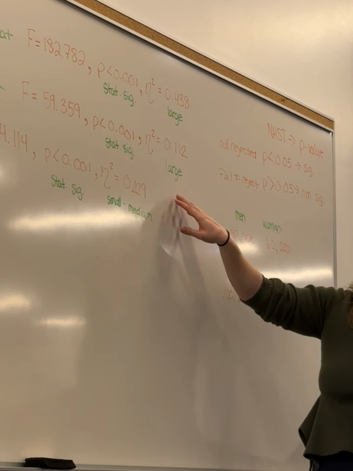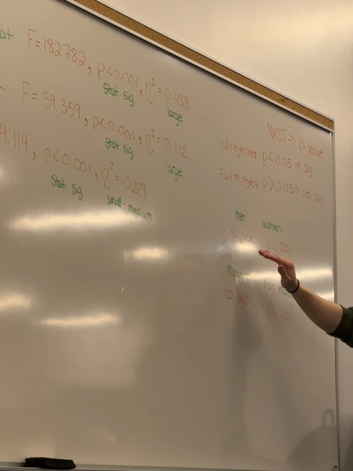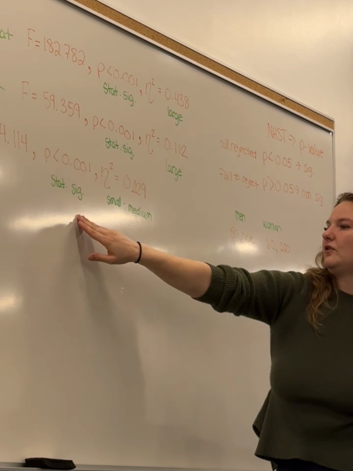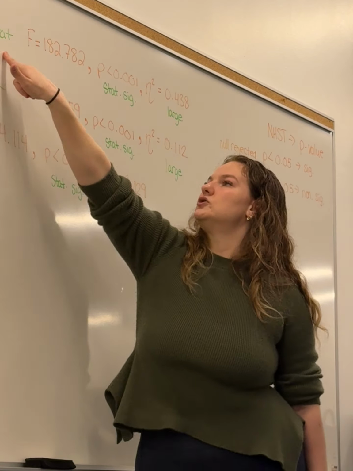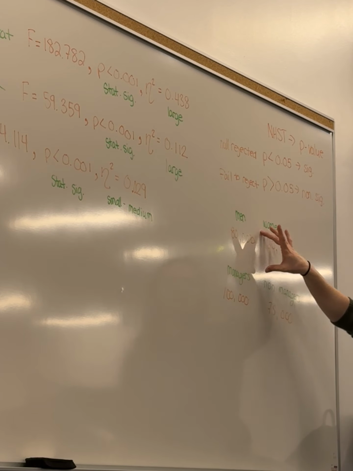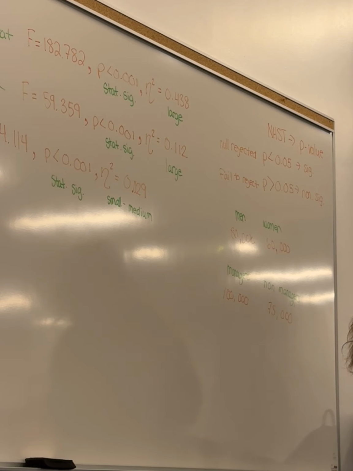For gender, there is a statistically significant difference in current salary based on gender, such that men make significantly more than women. And then there is a statistically significant interaction effect between gender and job category, such that male managers make significantly more than female managers or non-managers.